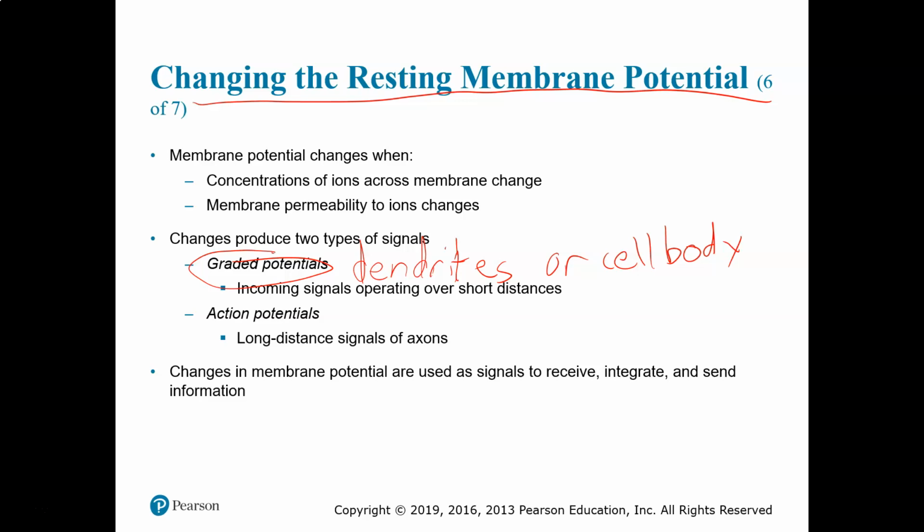But the only way you're going to get an action potential, which can only be transmitted down an axon, is if the graded potential is large enough. If summating all of the potentials that arrive at the dendrites and cell body is large enough, then an action potential can be generated. Okay?